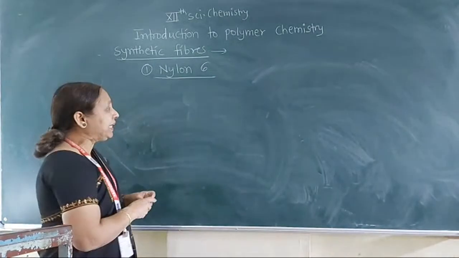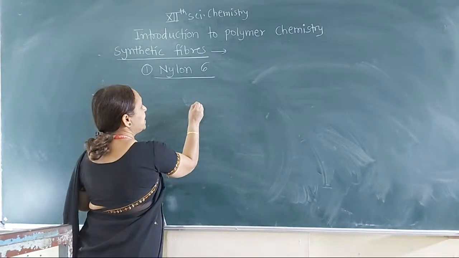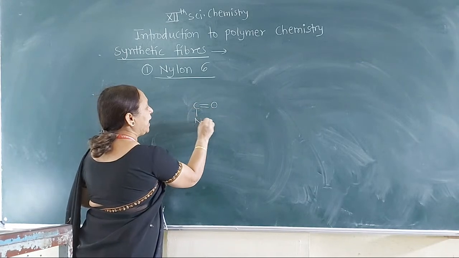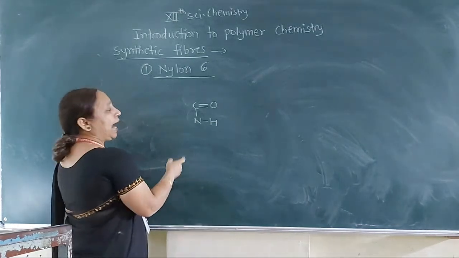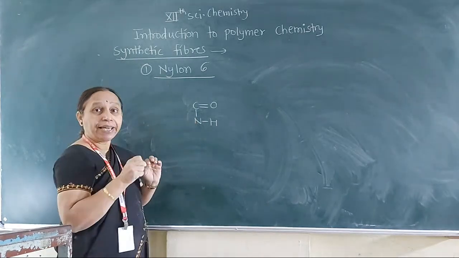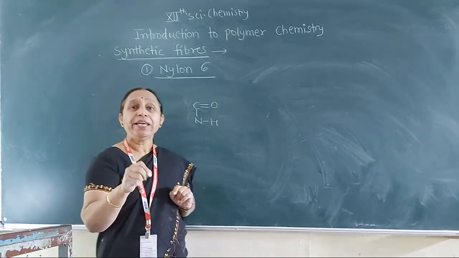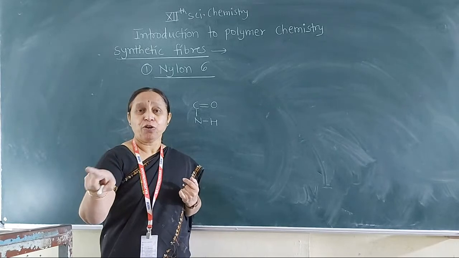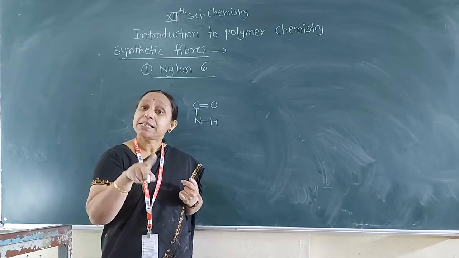See, we will take monomers of epsilon caprolactam. This is CO, this is NH, this linkage is very important, and in between this carbonyl and NH, there are 5 methylene groups. Methylene group is CH2. Remember, methane CH4, methyl CH3, and methylene CH2.